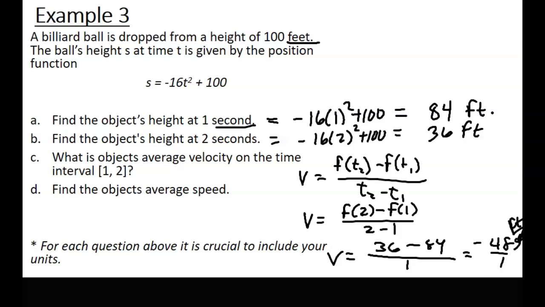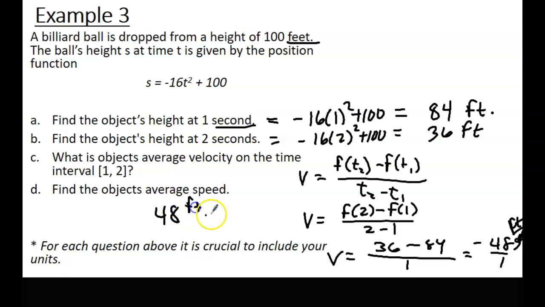So really there's not just one speed here. If I let go of this pen, the initial speed is 0. But as soon as I let go, it starts slow and it goes faster and faster until it hits the ground. So there's not just a speed, but this is the average rate of change, the average velocity. What is the object's average speed then?